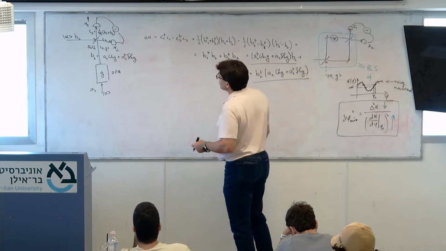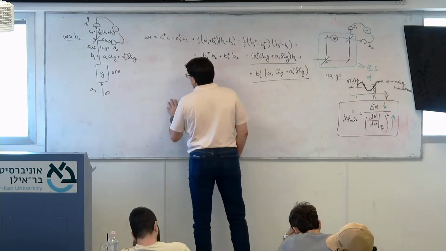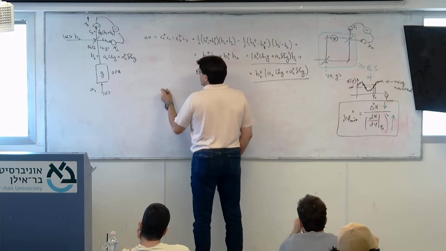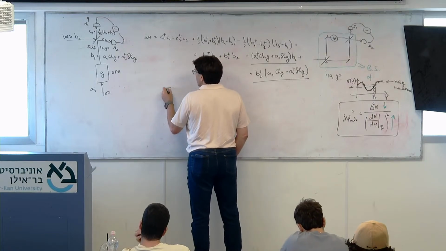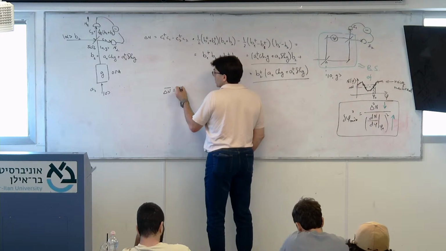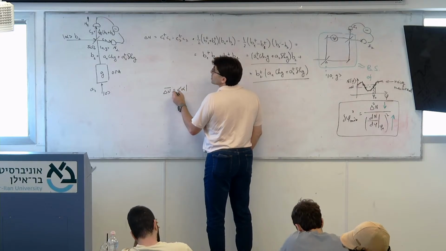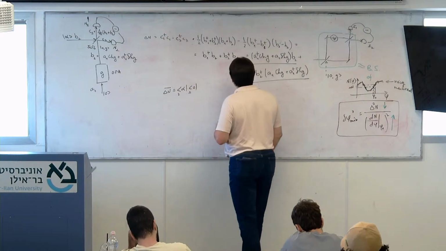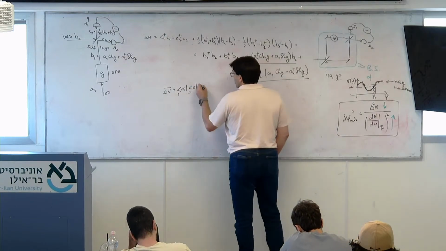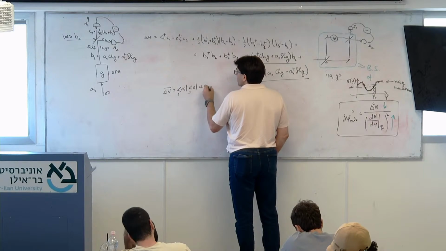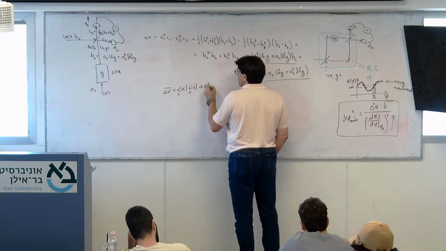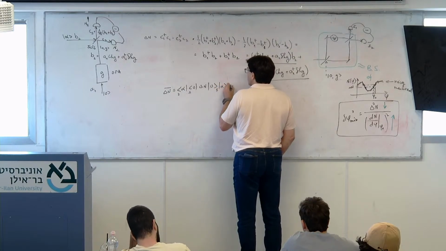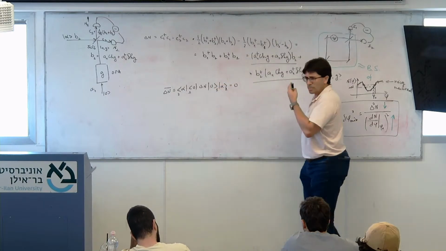And now, of course, we want to calculate this delta n average, which is, well, alpha in mode 2 and vacuum in mode 1, multiplied by this delta n operator. But we know that this is going to be 0. I'm not going to calculate it.